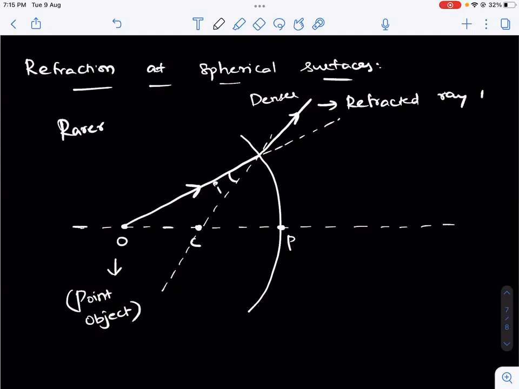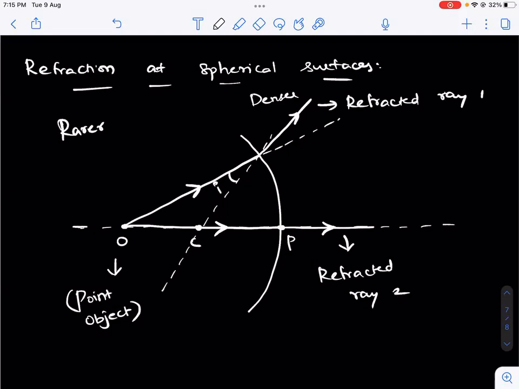Okay. Then the other refracted ray that I can consider is going to be along the principal axis itself. When the angle of incidence is 0, the angle of refraction is also 0. As a result, I can say that this is going to be the second refracted ray.